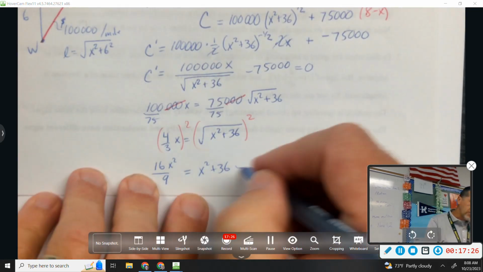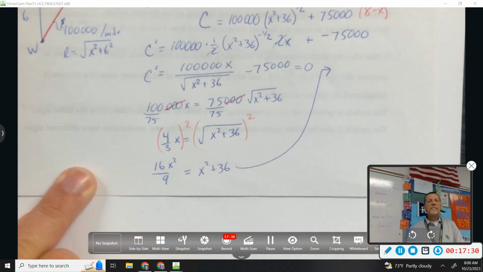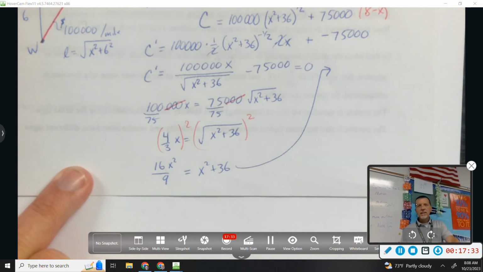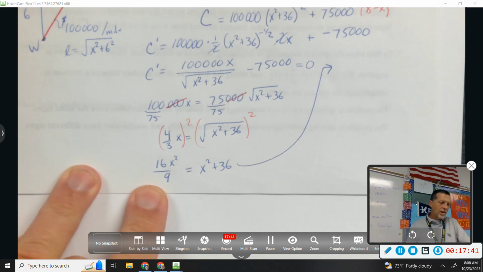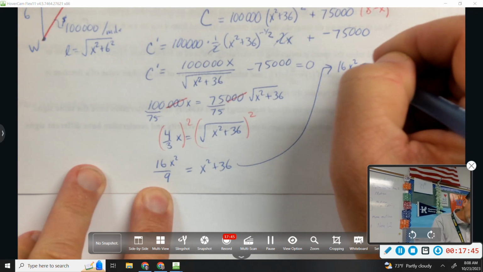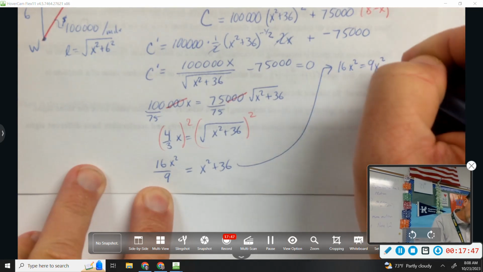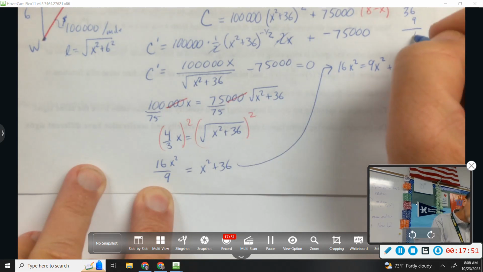Our calculus is over. Now we're doing algebra. Let's see. Subtract x squared. Maybe multiply through by 9. One of the two. I'm going to have to multiply through by 9 eventually, so may as well do it now. Six times 9 is 54.